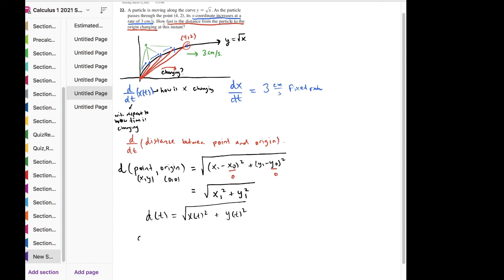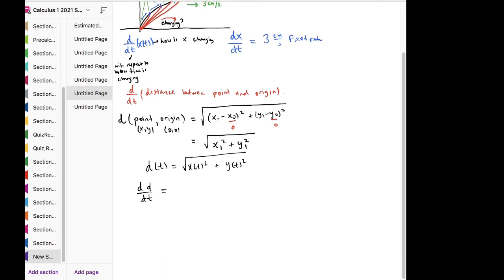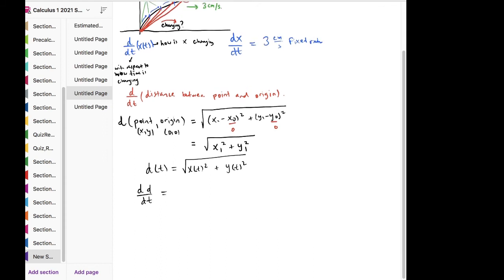What's dd/dt? It's kind of awkward. How do you take the derivative of this function? How do you take the derivative of the square root of x of t squared plus y of t squared?